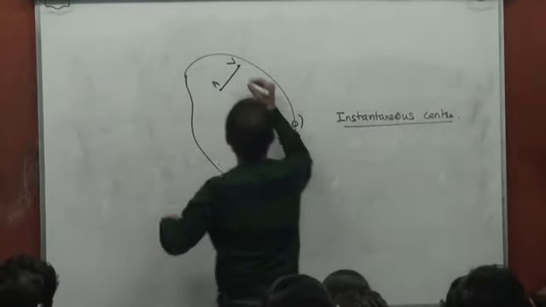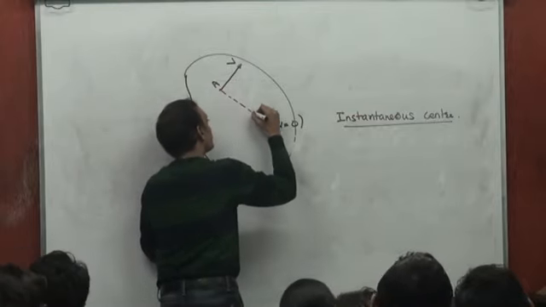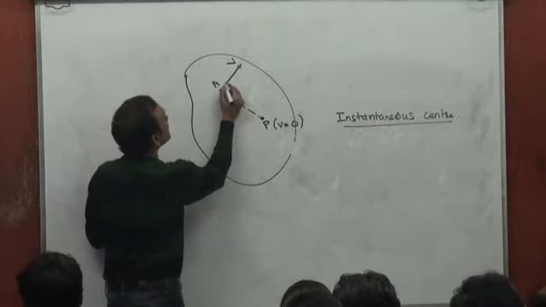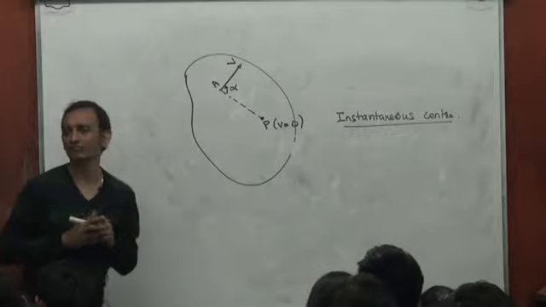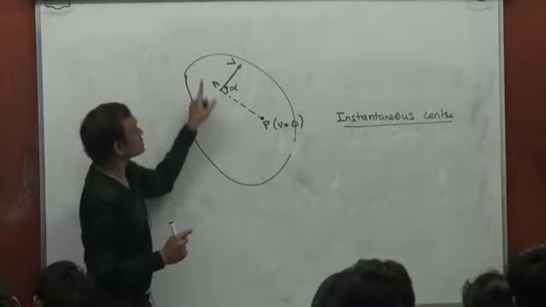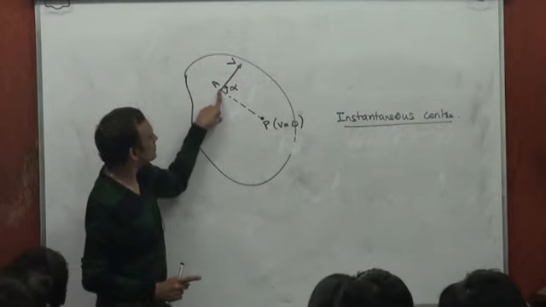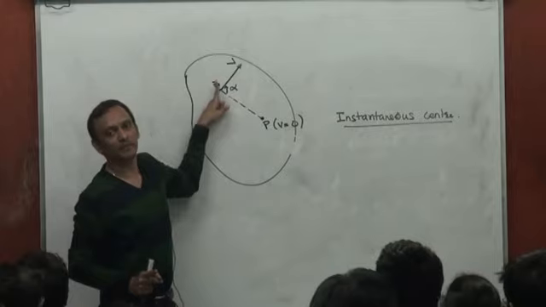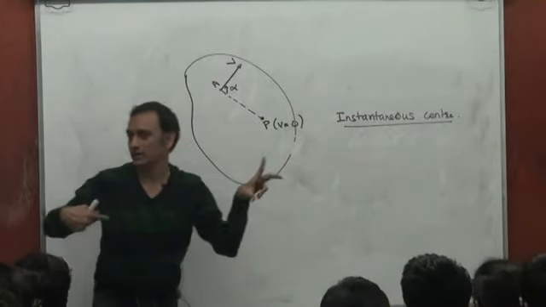Now, if you join A and P, and say this angle is alpha, the angle that this velocity makes with AP. What's AP? AP is the line joining the particle A to the instantaneous center.